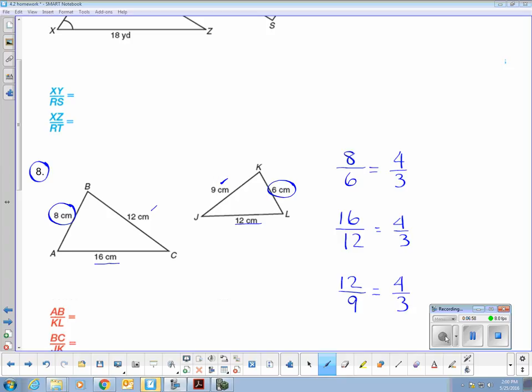Since all three have the same ratio of 4/3, then we say that the triangles are similar by side, side, side. Side, side, side similarity.